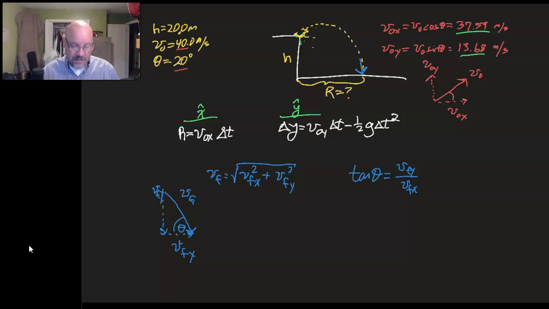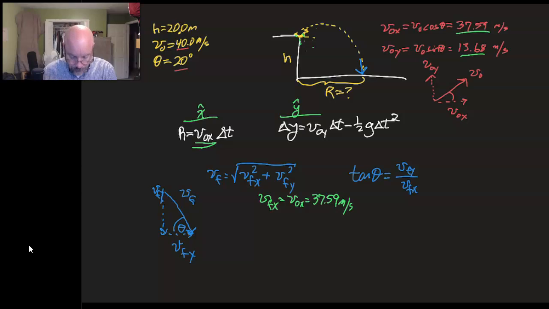Well, v final x is the same thing as v original x right up here. So v final x is just going to be v naught x, which in our case was 37.59. Okay, because in our model that horizontal aspect of the velocity isn't going to change.